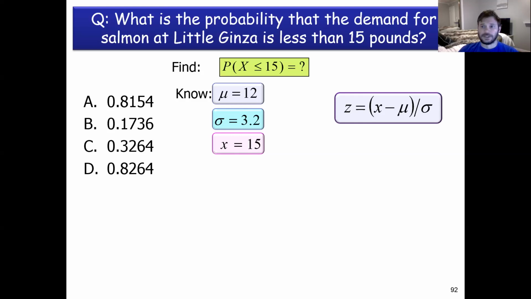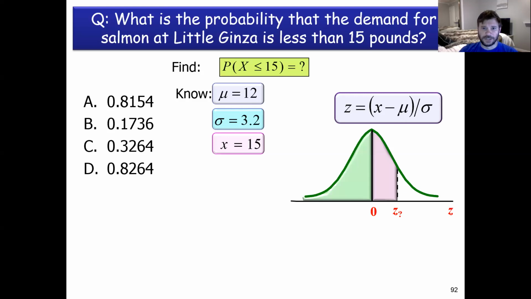Hopefully, as you recall, this is a left tail situation. So that green region there is equal to 0.5 in area. We're going to use the table value after converting 15, that upper bound threshold here, into a z-score to figure out the area of this pink region underneath the normal curve.